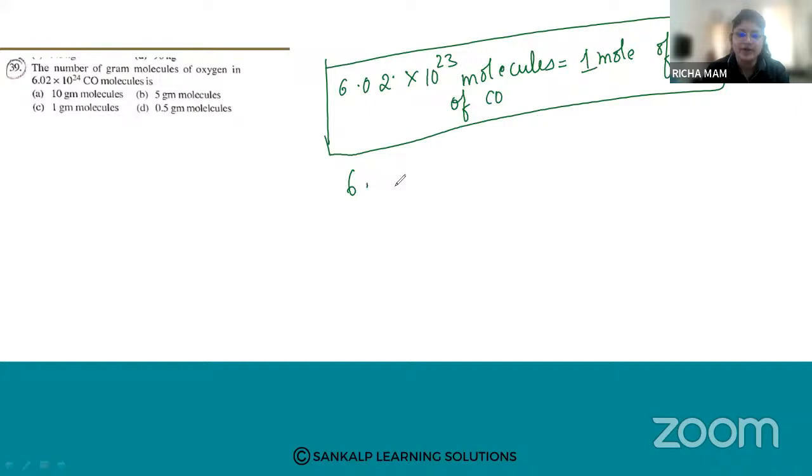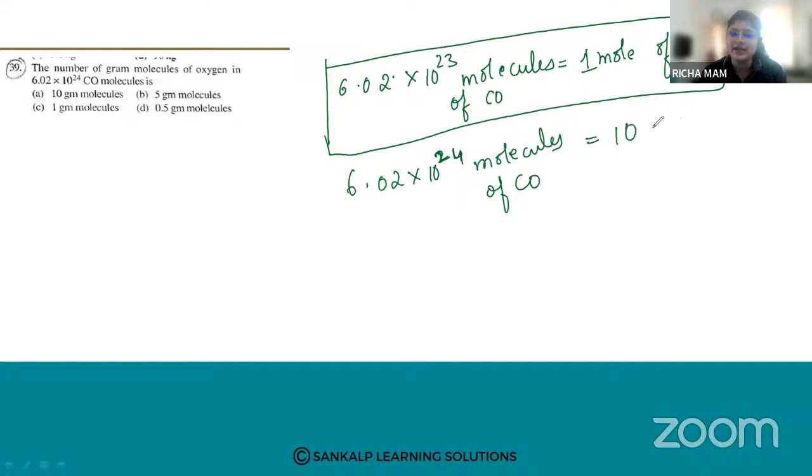Now 6.02 into 10 raised to 24 molecules of CO is equal to how much then? So it is 24, right? So it is into 10.